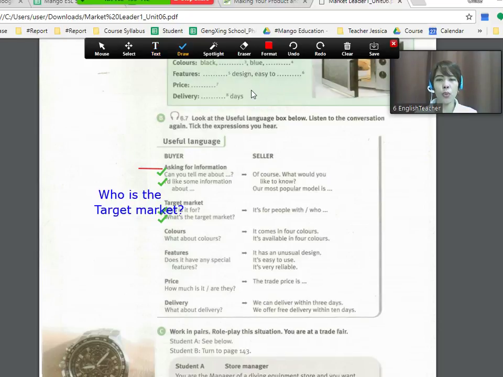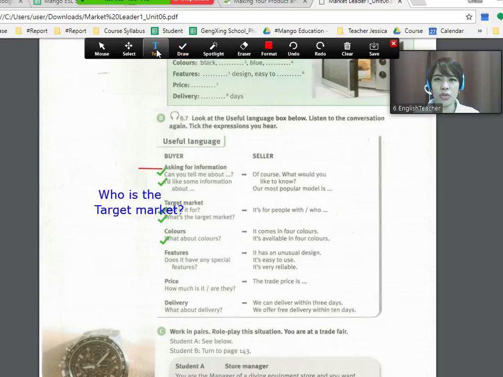Now let's try to move on to the next part. What if we're going to ask about colors? When we're going to talk about products, or if we're going to present a product, of course, the customers or the buyers will ask you, what about the colors? So another question that they can ask, how many colors does this product have?